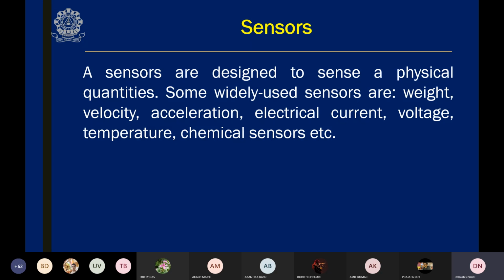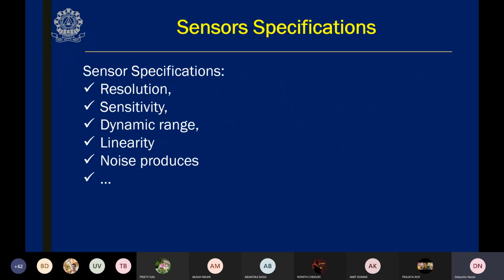Now I want to discuss different types of sensors. Before that, I want to mention some important things. Actually, I want to talk about important specifications for a sensor. When you go to purchase a sensor, what will you say to the shopkeeper? You should mention something.